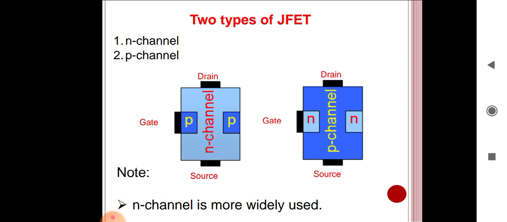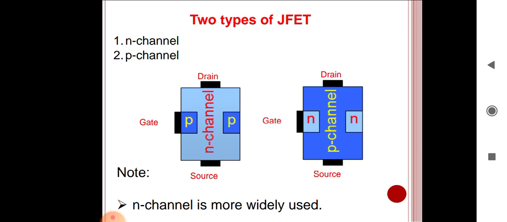The gate terminal is connected to the P-type semiconductor, and the drain and source terminals are connected to the N channel. This is called an N channel JFET. The construction is shown on your screen.